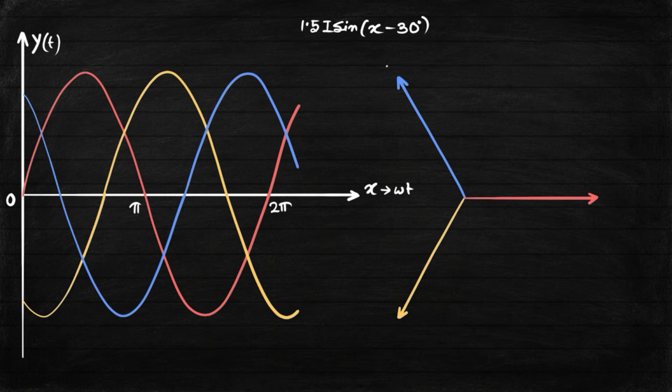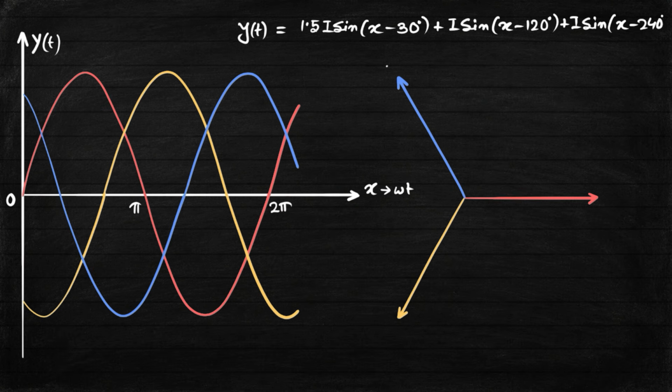Now if the total current equation is written, it will be y of t equals 1.5 I sin(x minus 30 degrees) plus I sin(x minus 120 degrees) plus I sin(x minus 240 degrees).